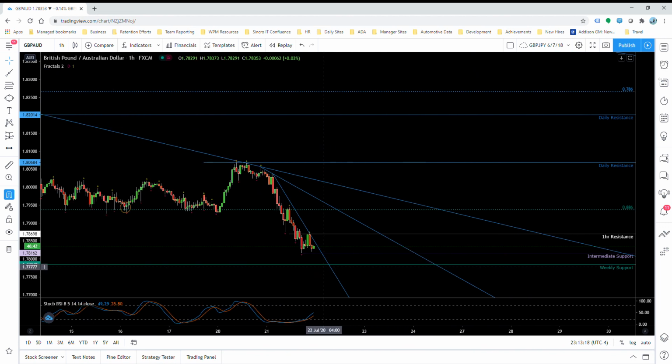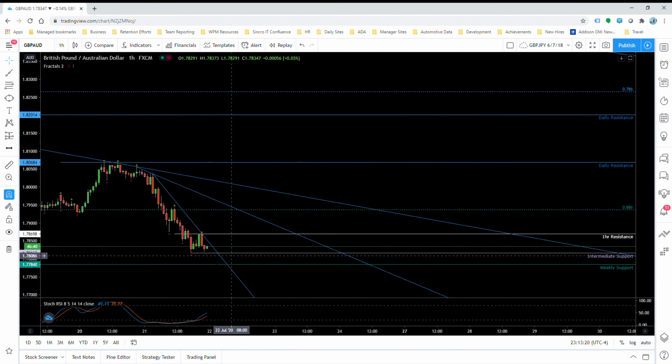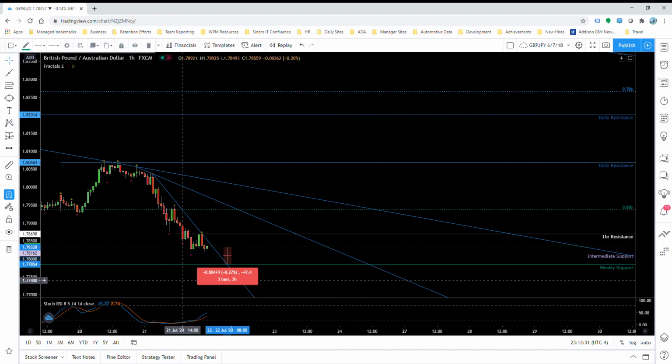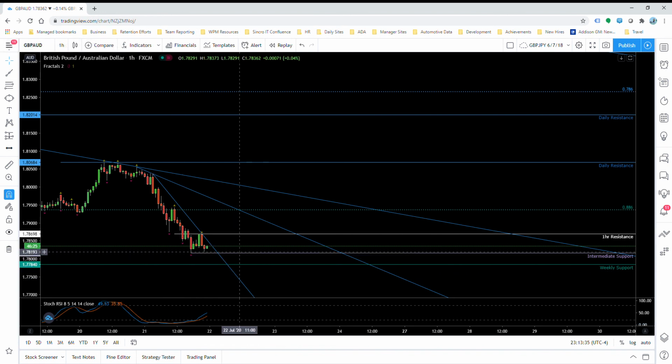So we will not enter a trade at this point on pound odd, it's too close to, see where price is right now to this weekly. It's only 47 pips, right? So it's too close to the weekly support for us to enter any trades, but we see it's bouncing off of this intermediate support here.